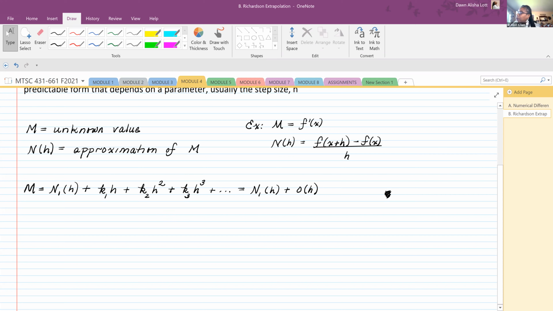So now what I want is to improve this formula from O of h to one of higher degree.